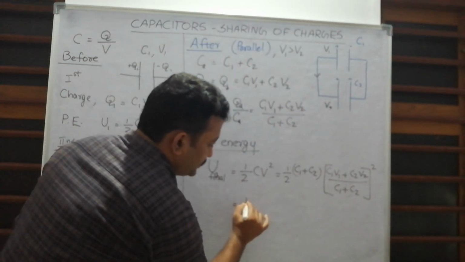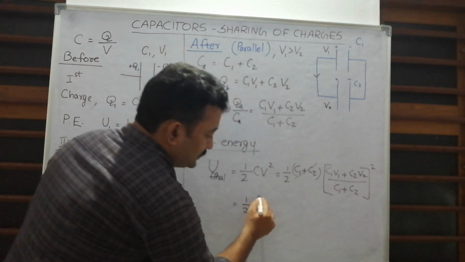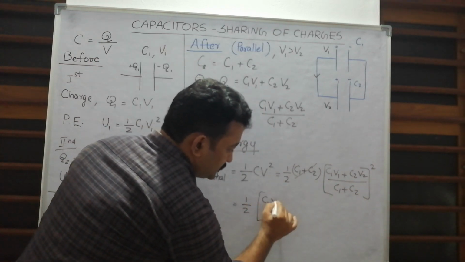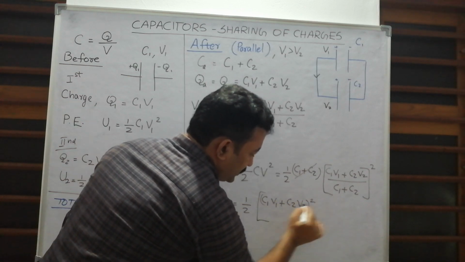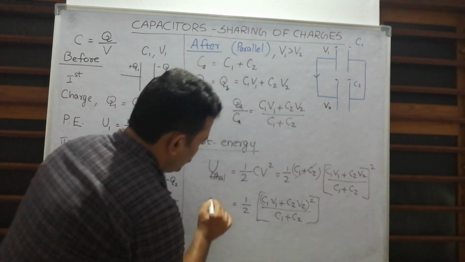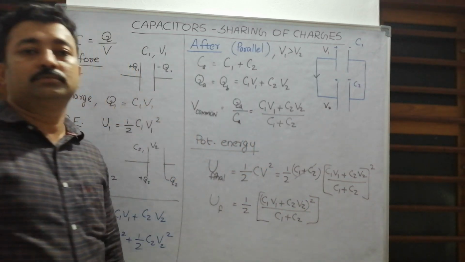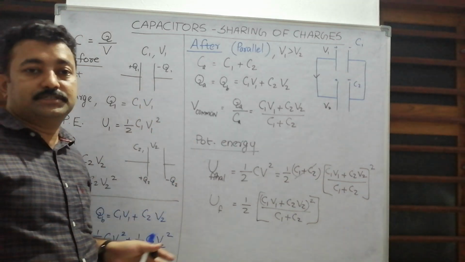The square term will get cancelled. This will be half times C1 V1 plus C2 V2 the whole square divided by C1 plus C2. That is U final.